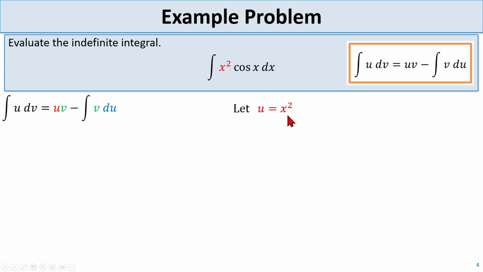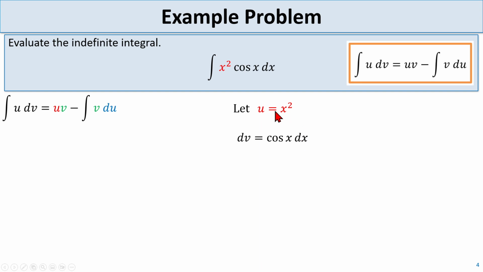So we let u equal x squared, and once you know u, that automatically determines what dv is, because we're turning it into the integral of u dv. So if u is x squared, then everything else must be dv. So we see that dv must be cosine of x times dx.